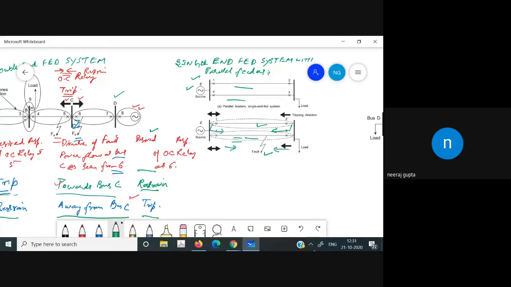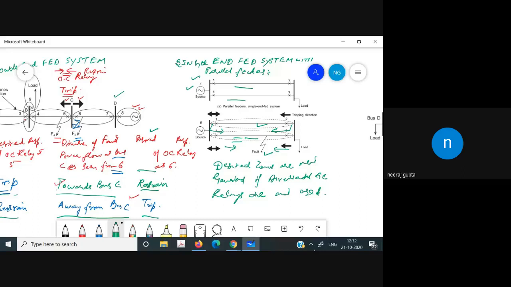Now, if the directional relays are not provided along with the overcurrent relays, then the desired zones are not generated. As a result, what will happen whenever the fault takes place?